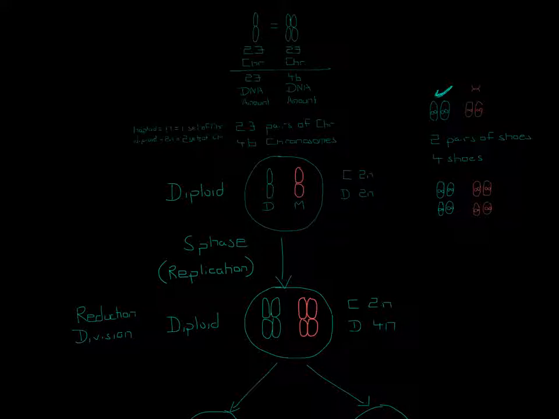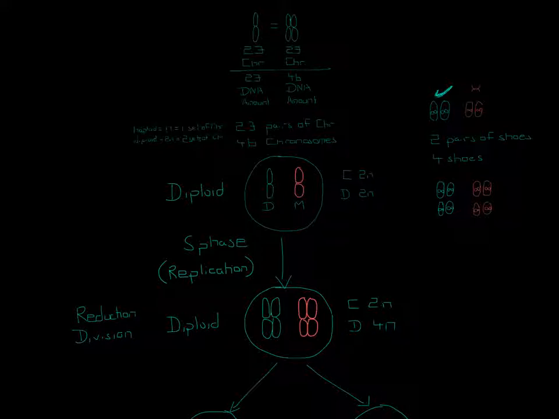So remember, go back to this, that this is equal to this. That's why there's 23 chromosomes here, 23 chromosomes here. So combined, there'd be 46 chromosomes, 46 chromosomes. And that's why this stays the same, 2N. However, you can see that the physical amount has doubled between this and this. That's why over here it's 2N, and this is 4N.